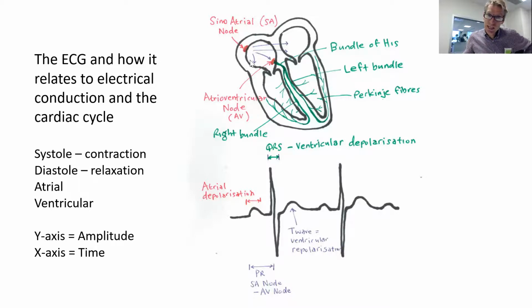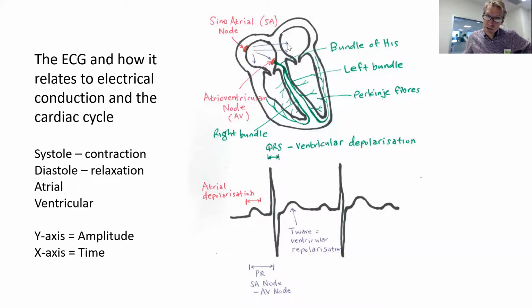They then fan out to the atria, and you get from that a P wave, or atrial depolarization. That means you get atrial contraction. The atrial contraction equals the P wave, and that's atrial depolarization.